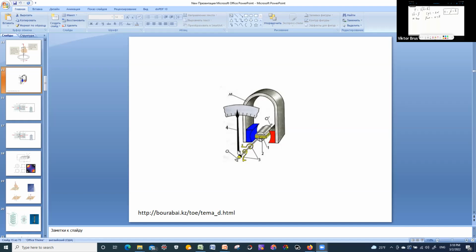So that means we will get a different angle for the position of this arrow for different values of electric current. So this is one of the most simple and straightforward designs of an ampere meter, a device which measures electric current.